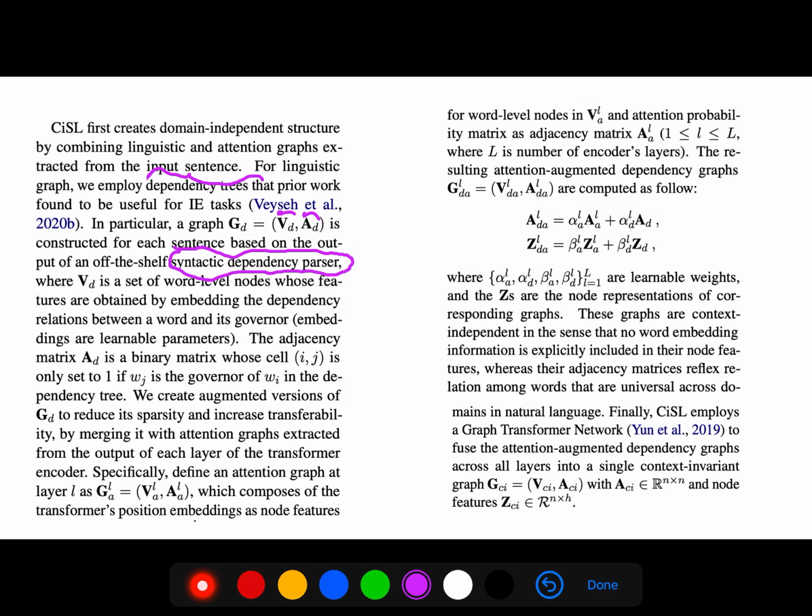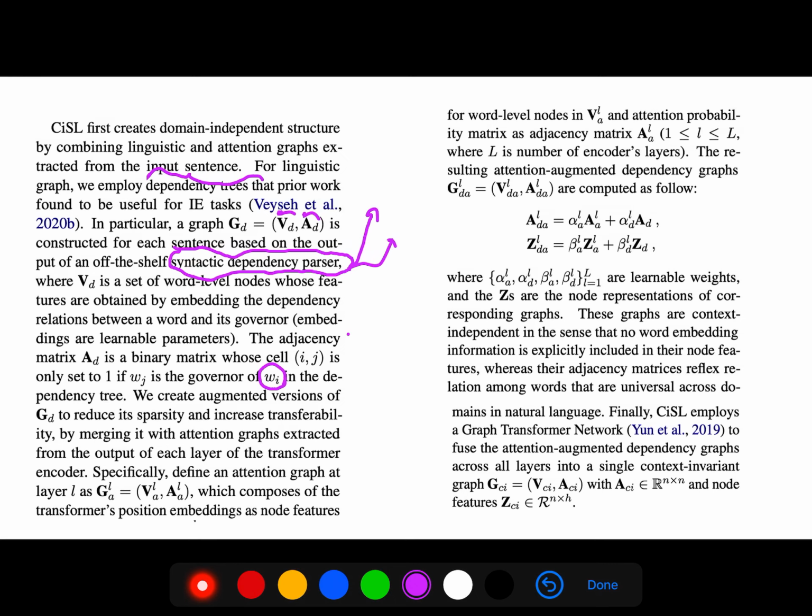Or you can use Stanford CoreNLP, but it is in Java, so why not use spaCy? It's very fast. The adjacency matrix A sub D is a binary matrix whose cell is only set to 1 if W sub j is the governor of W sub i in the dependency tree.